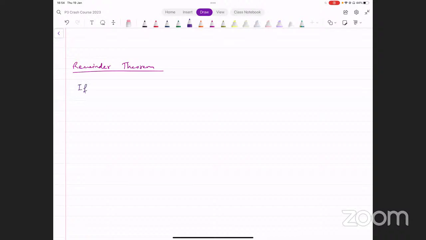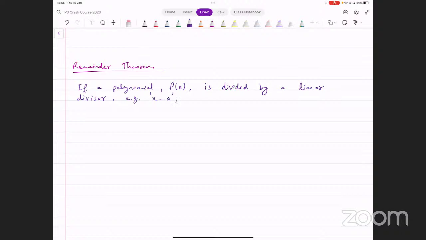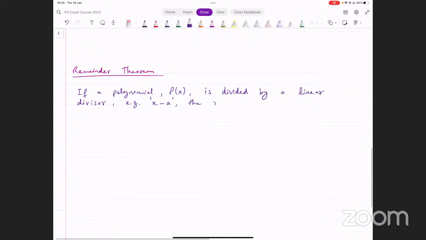If there's a polynomial, let's say p of x, that's the name that we're giving to this polynomial, is divided by a linear divisor, for example, x minus a, the remainder will be p of a.